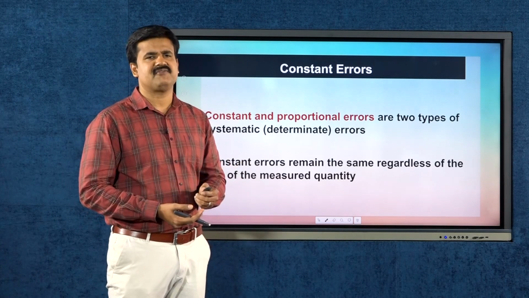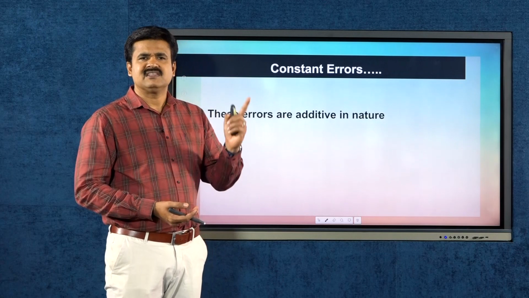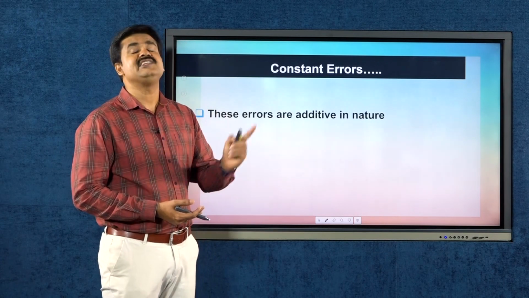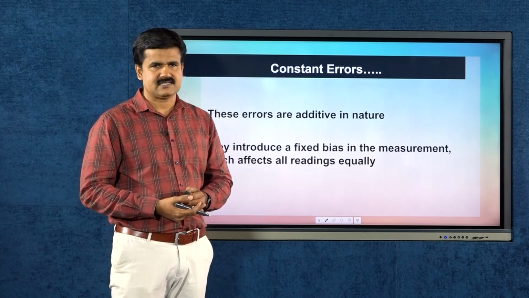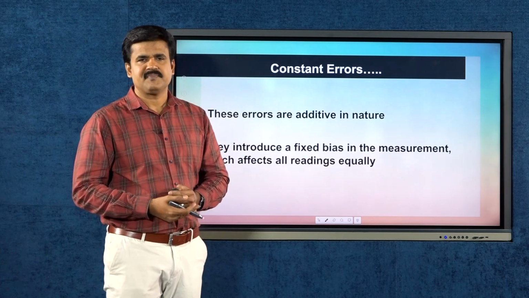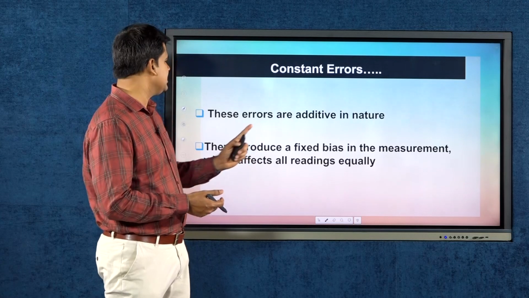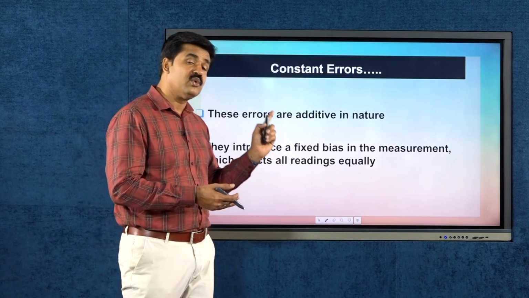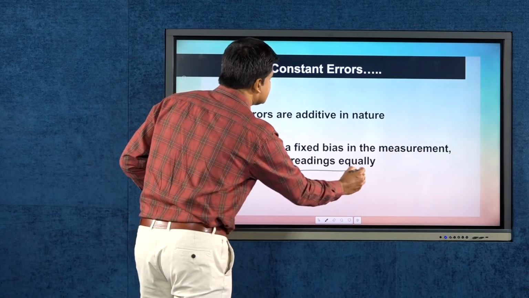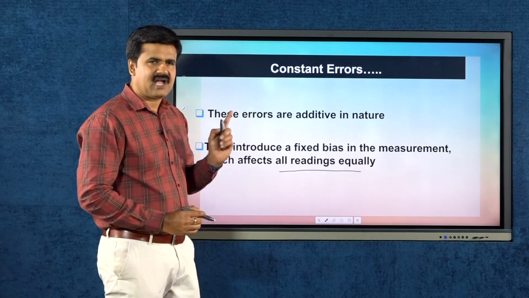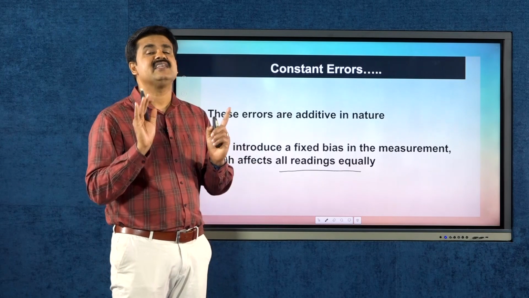We can exemplify it. Now, these errors are additive in nature. They may add together. They introduce a fixed bias in the measurement which affects all readings equally. This point is very important. This constant error affects all readings equally.